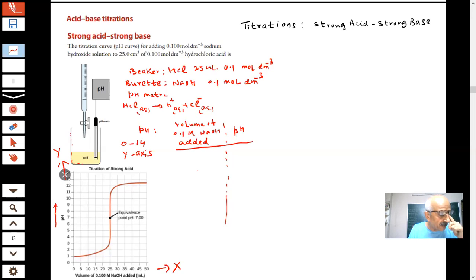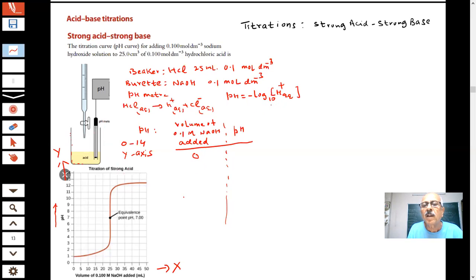As you can see, when I add 0 milliliter of NaOH, how do we calculate the pH? You have 0.1. pH is equal to minus log to the base 10 of H plus aqueous.